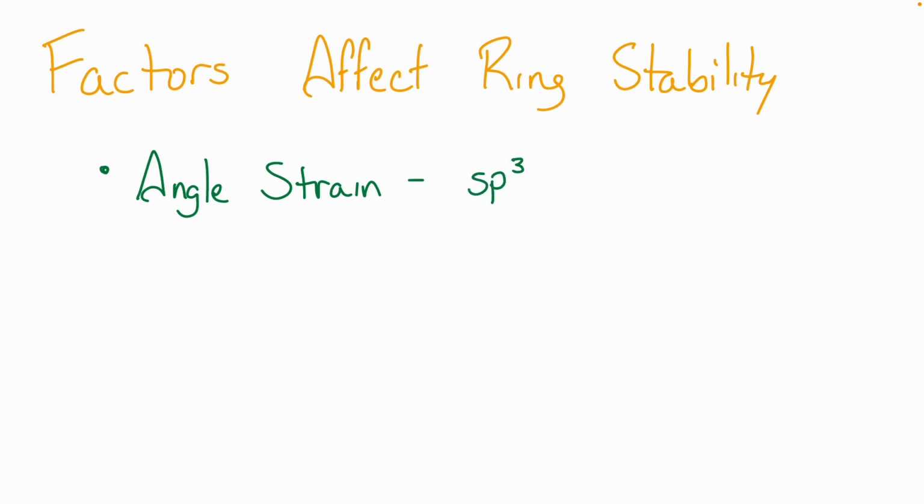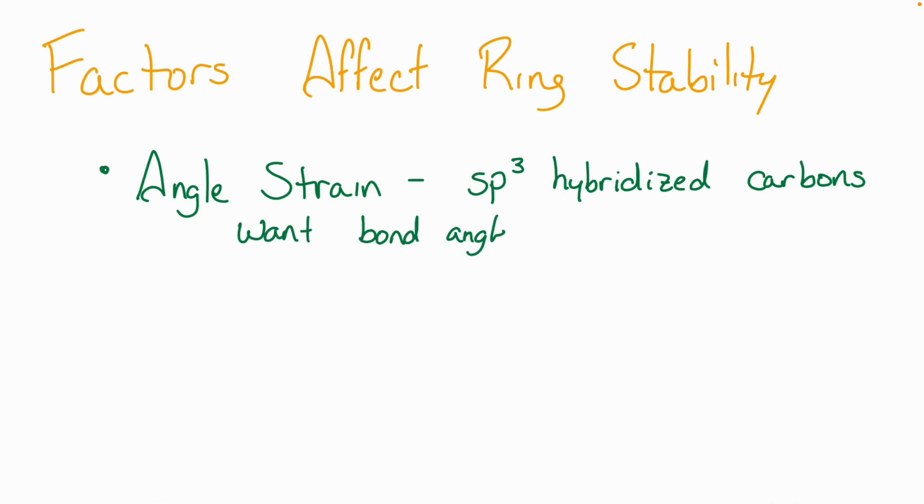And sp3 hybridized carbons want to have a very specific bond angle. So sp3 hybridized carbons want a bond angle of 109.5 degrees.